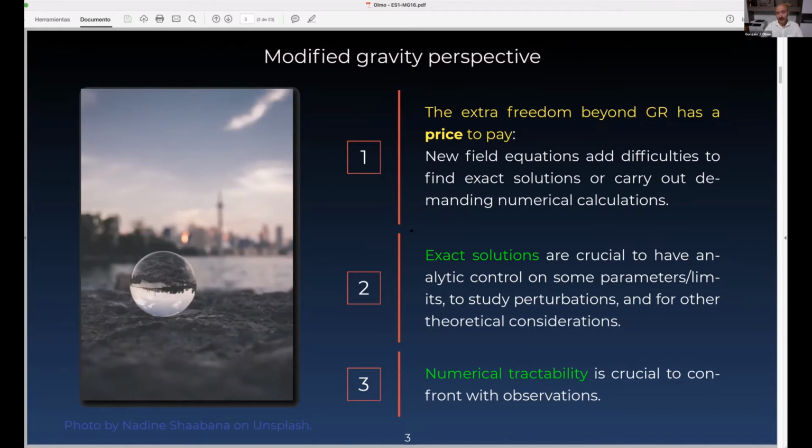In particular, finding exact solutions is very important because they allow for many different theoretical considerations and allow analytical control on some parameters and limits, which is always very useful. Also, being able to treat the equations numerically is crucial in order to confront theories with observations. In particular, if you consider the collision of two black holes to generate gravitational wave profiles, this is a problem that we can't handle in general relativity, but beyond that, it's really a very expensive issue.